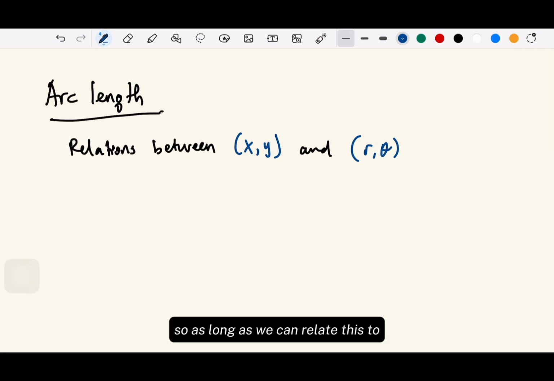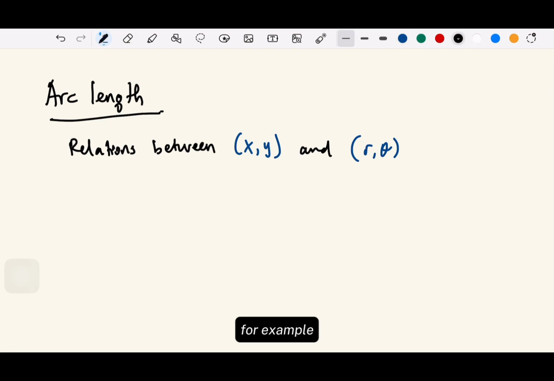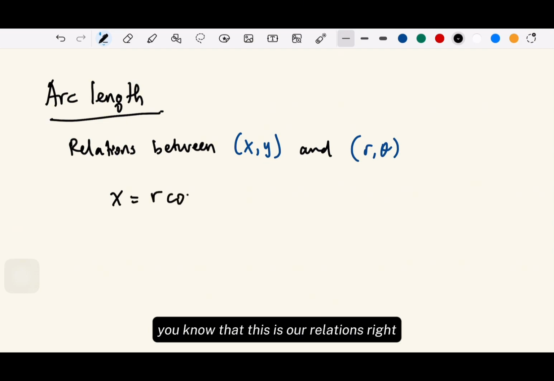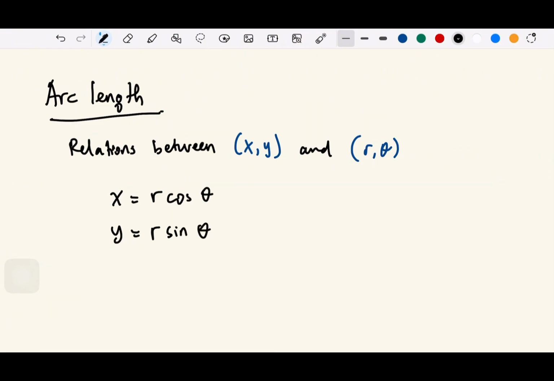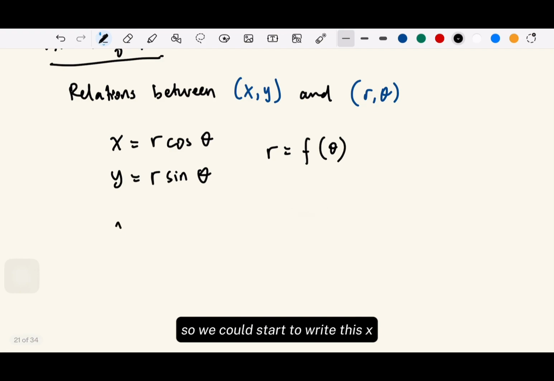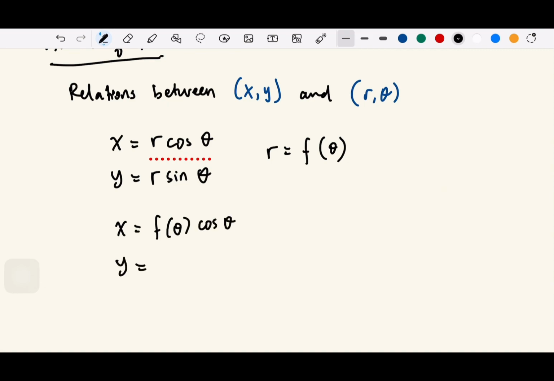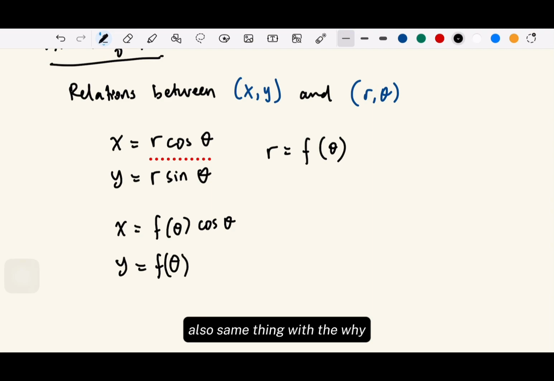So as long as we can relate these two with the conversion of polar from the Cartesian, for example, we know that this is our relations, right? And of course, this is for r equal function of theta. So we could start to write this x in terms of function of theta, r cosine theta. Also the same thing with the y.